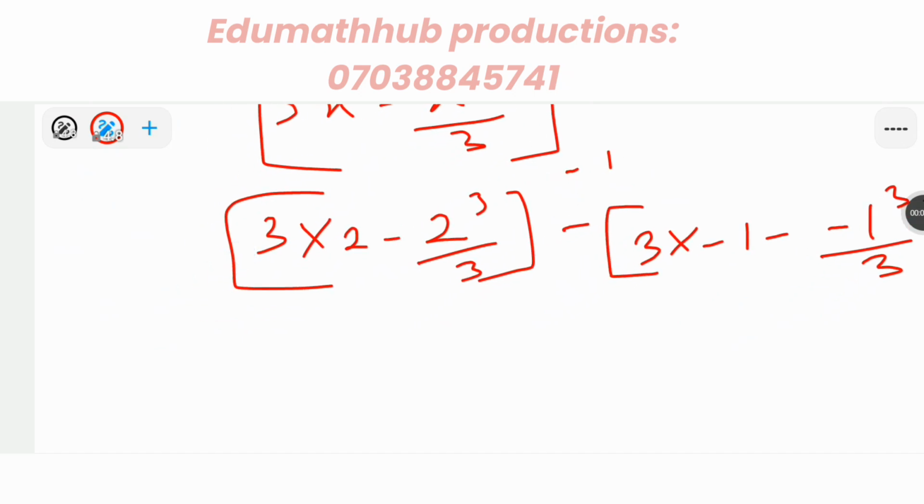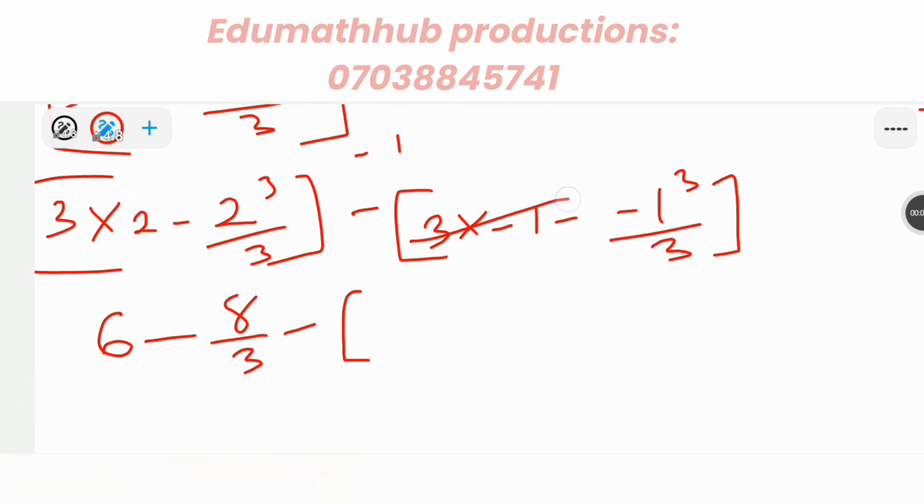So let's simplify it step by step. 3 times 2 is 6, 2 raised to power 3 is 8, minus 3 times minus 1 is minus 3, minus, then minus 1 raised to power 3 is minus 1, then divided by 3.